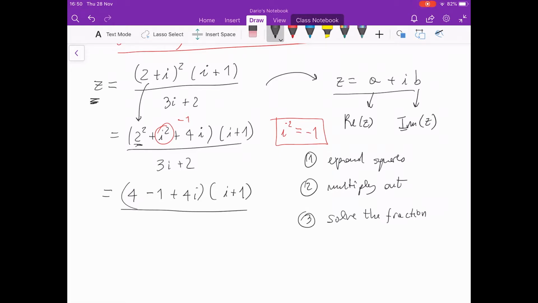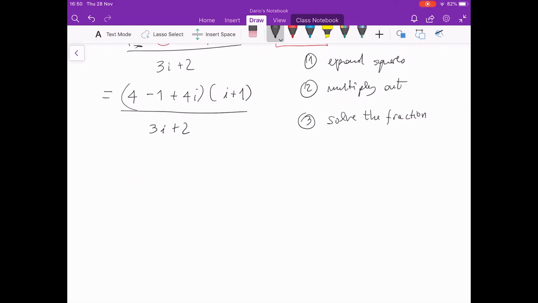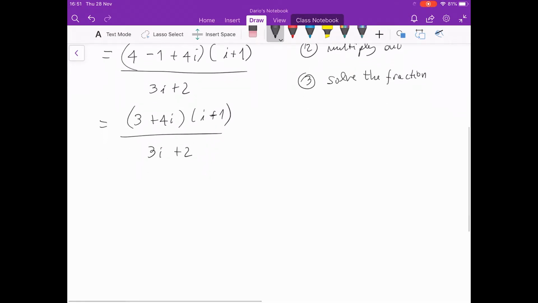And at the denominator, we still have 3i plus 2. Perfect. Now we know that 4 minus 1 is 3, so we can write this as 3 plus 4i. That multiplies i plus 1. I'm going very slowly here, so I could have skipped that step, but it's good to actually show you what I'm doing. So 3 plus 4i times i plus 1 divided by 3i plus 2.